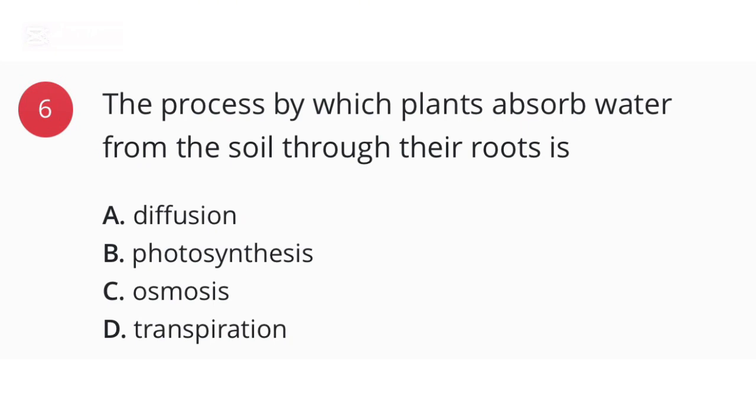So number 6, the process by which plants absorb water from the soil through their roots is A. Diffusion, B. Photosynthesis, C. Osmosis, D. Transpiration. Okay, we all know what diffusion is: the movement of molecules from region of higher concentration to lower concentration until they are evenly distributed.